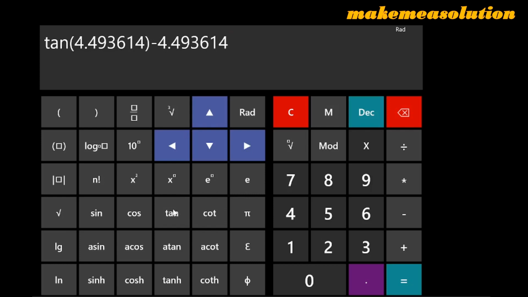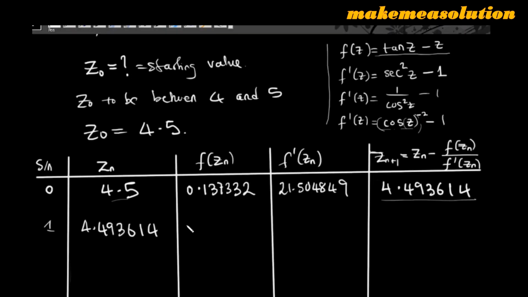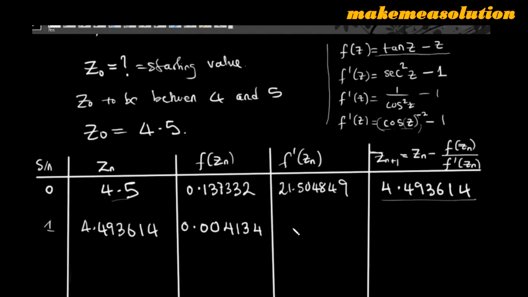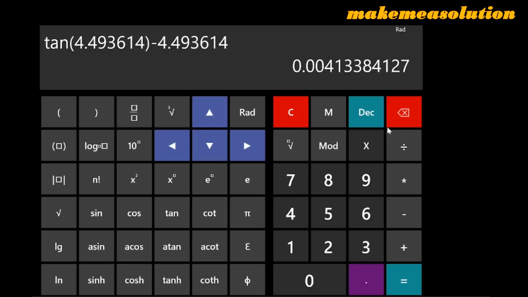This gives me 0.004134 to 6 decimal places. Let's compute f prime of zn. This time around, cos z always to the power of minus 2, then minus 1.